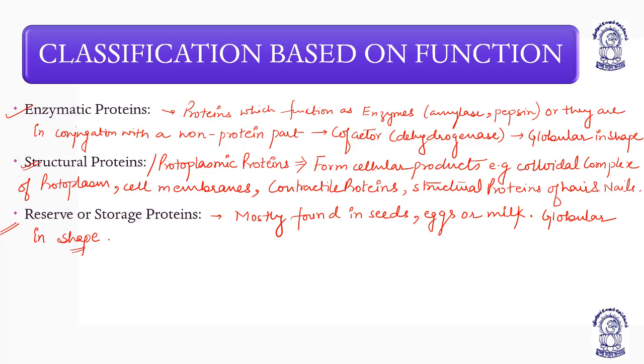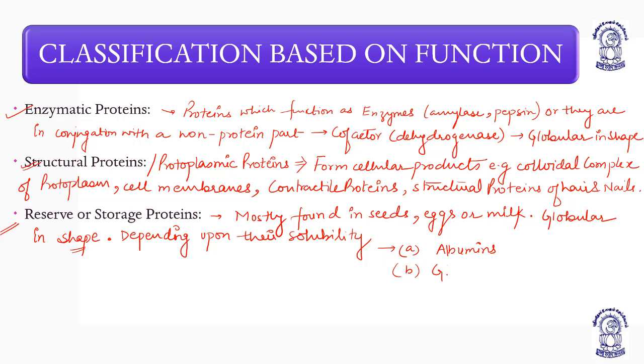Depending upon their solubility, reserve proteins are of four types: albumins, globulins, prolamines, and glutelins.